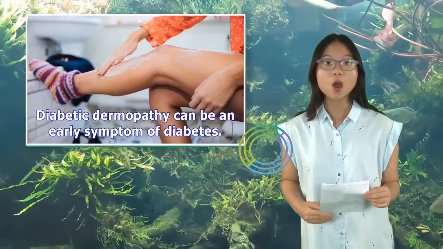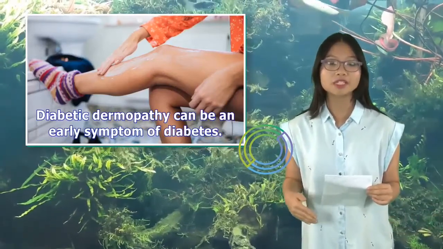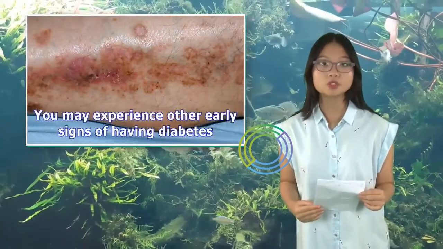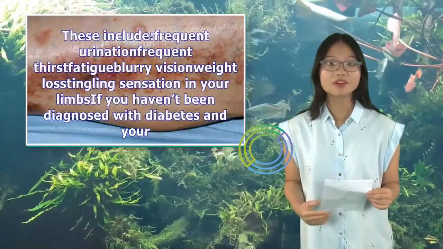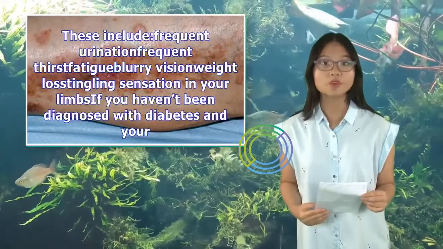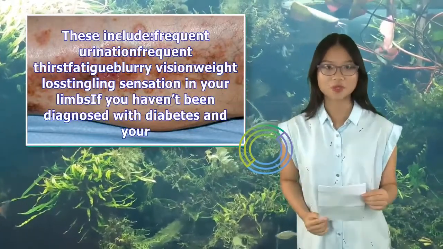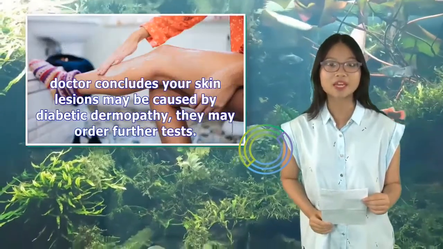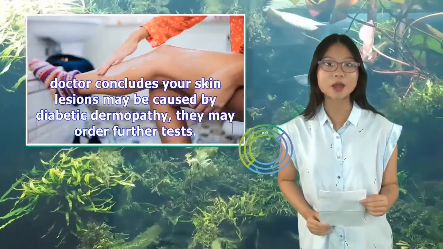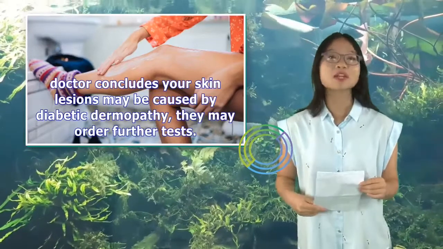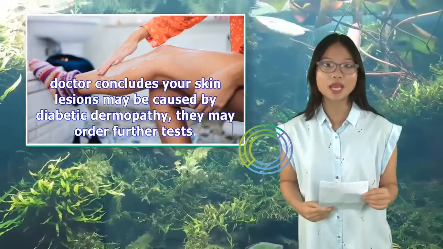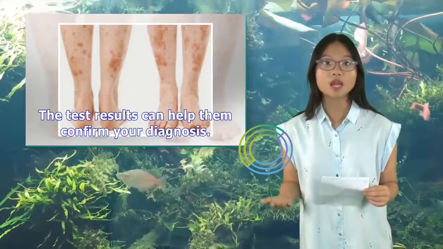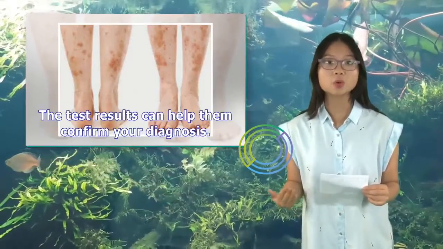Diabetic dermopathy can be an early symptom of diabetes. You may experience other early signs of having diabetes. These include frequent urination, frequent thirst, fatigue, blurry vision, weight loss, and a tingling sensation in your limbs. If you haven't been diagnosed with diabetes and your doctor concludes your skin lesions may be caused by diabetic dermopathy, they may order further tests. The test results can help them confirm your diagnosis.